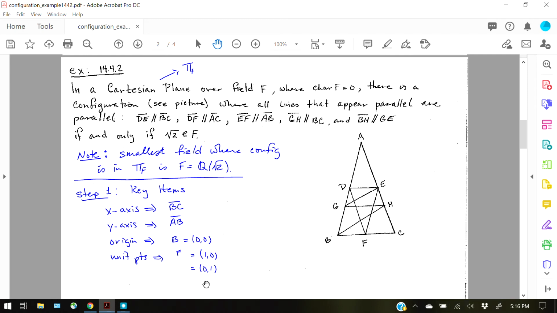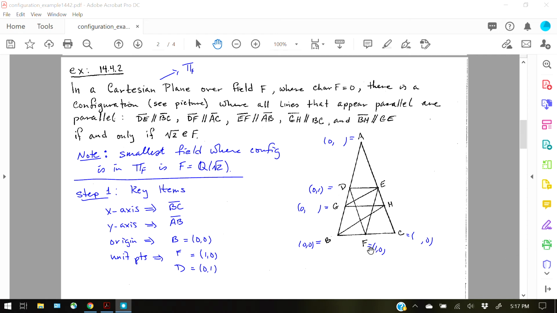Now, for the other unit point, the unit point that's on the y-axis, our options are G, D, and A. Again, it doesn't matter which one of these you pick. Personal preference, I'm going to go ahead and in this case pick point D. Alright, so I went ahead and labeled these points on the actual configuration as well.